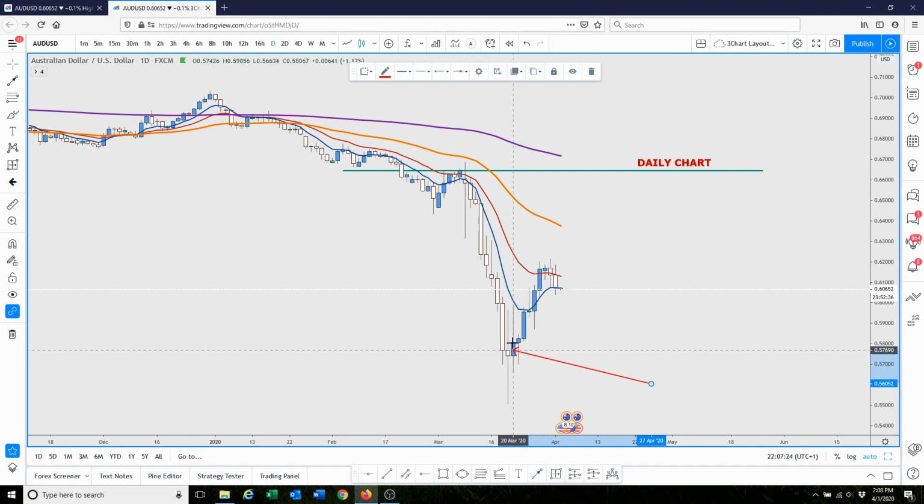So we get the 3-pin formation, we got a bullish engulfing, and what I'm telling you to do is examine the last candle, because the daily candle has 24 hours of information packed into it. So that candle means a lot, right? We got the 3-pin formation, 1, 2, 3, and then a bullish engulfing on the daily candle.